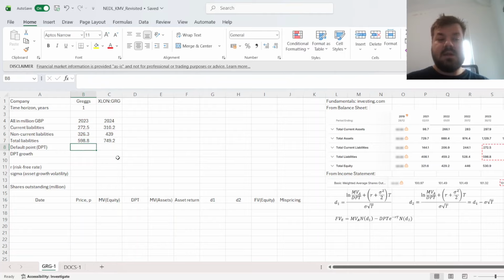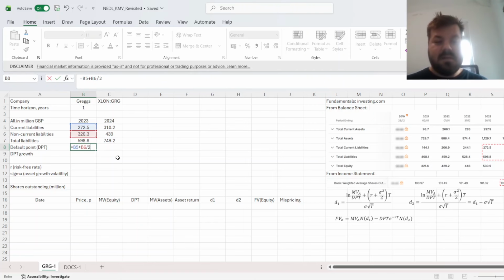That allows us to calculate the default point, or DPT, for the KMV model, which is, according to the convention, current liabilities plus non-current liabilities divided by 2. So short-term plus long-term divided by 2. That is simply because non-current liabilities, long-term debt, is less pressing.